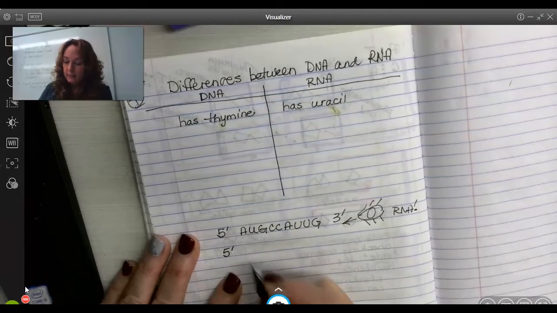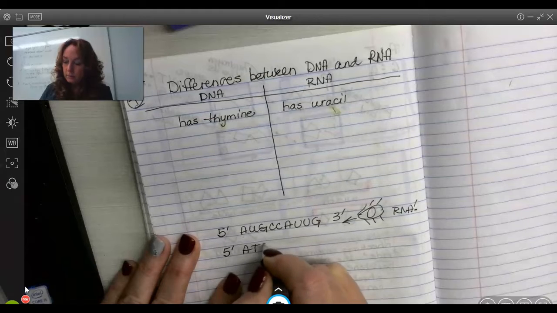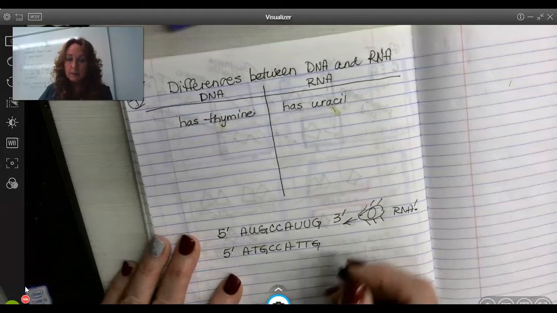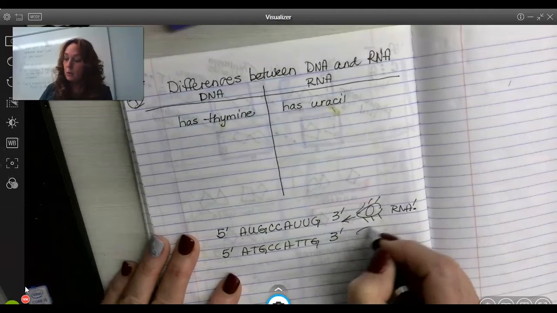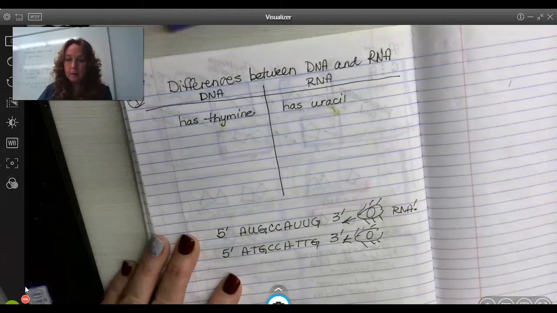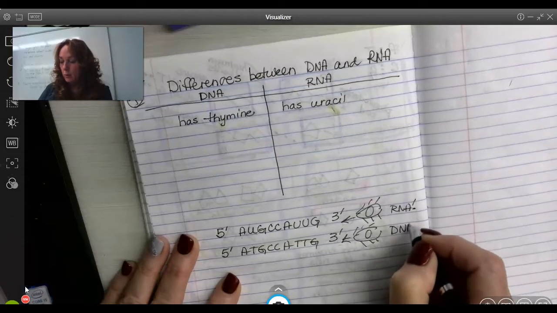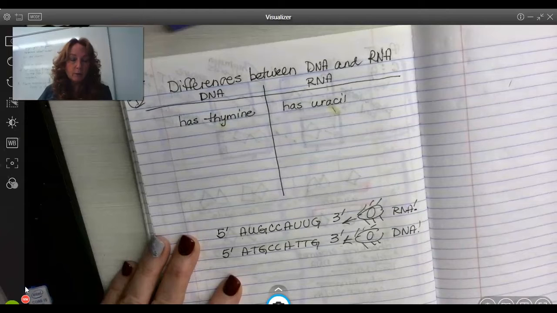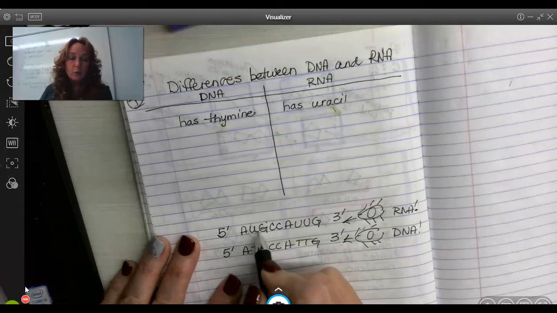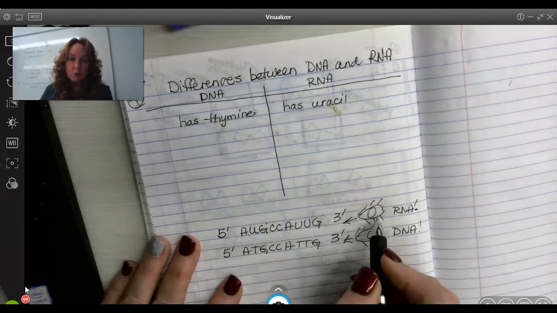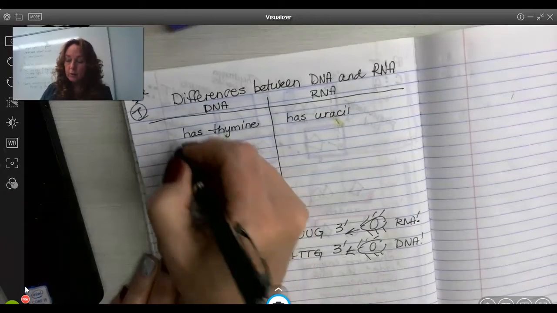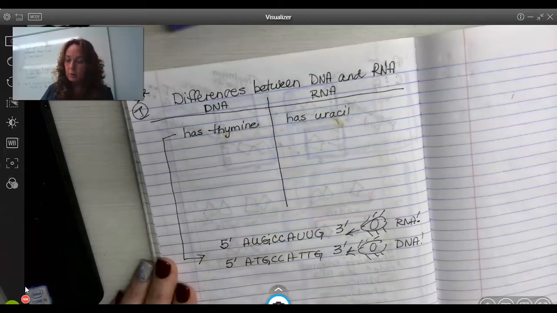If you had something that looked like this instead, you look at that with your same creepy eyeball, you would think, okay, we're talking about DNA, because they won't tell you. They'll just let you figure this out based on, oop, you have uracil, that means your RNA. You have thymine, that means your DNA. So this is where this particular part comes in.